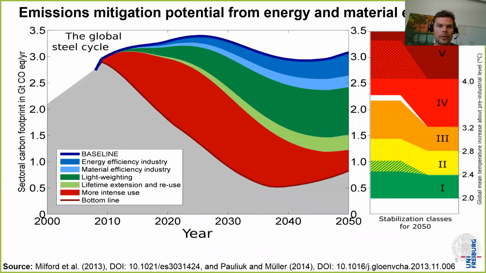And you see that the rapid implementation of material efficiency strategies can move emissions in the steel cycle from this more or less stable blue baseline, which is still unsustainable because it's at very high levels of carbon emissions, to a more sustainable or less unsustainable regime denoted by the red baseline, that could even bring the steel sector in line with the 2 degrees Celsius target. So the question here is, what are the methods that we need to develop such scenarios, and how do they actually work?